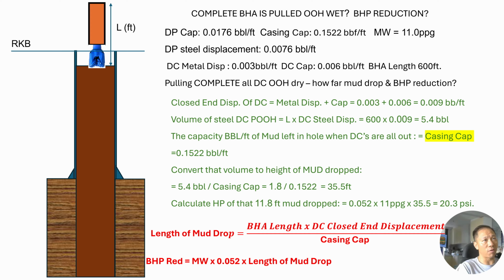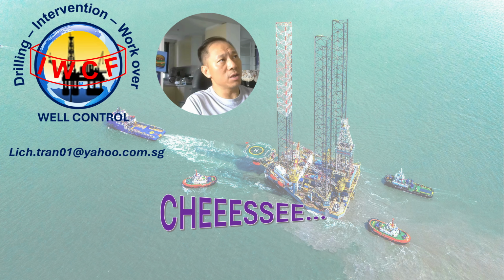It's 35.5 feet here. You take that times the mud weight times 0.052, and you get the psi, the hydrostatic pressure loss. That's simple. You can plug in all those figures in these two formulas here, and you get the bottom hole pressure reduction. All right, so the information, the calculation, and everything are just straightforward.